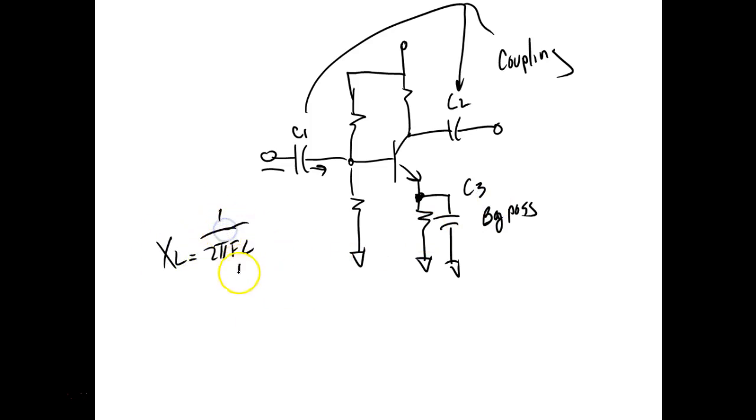So the lower the frequency that we have, you'll see these guys being a pretty good size, probably 100 microfarads or above. We're not going to get into the formulas. I think the formula might be in your book, but what you've got to understand is that when we choose these capacitors and these resistors, we're setting F1 for the circuit.